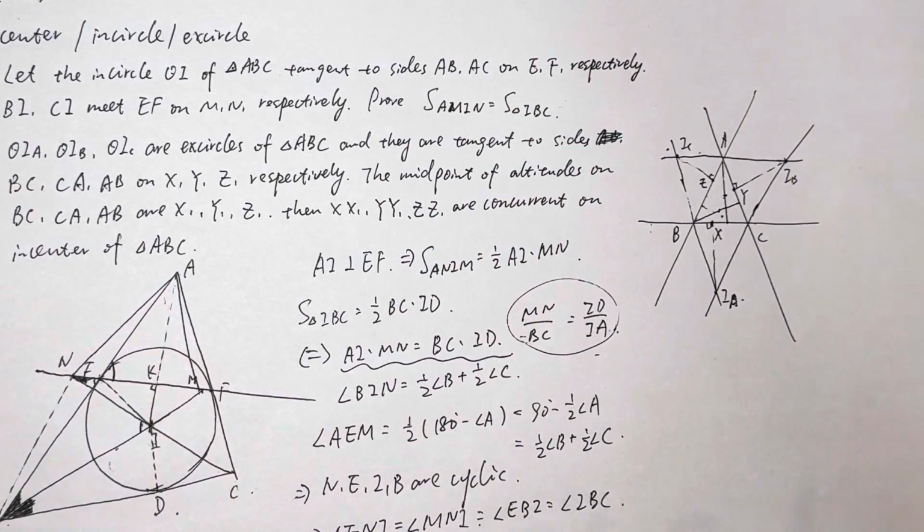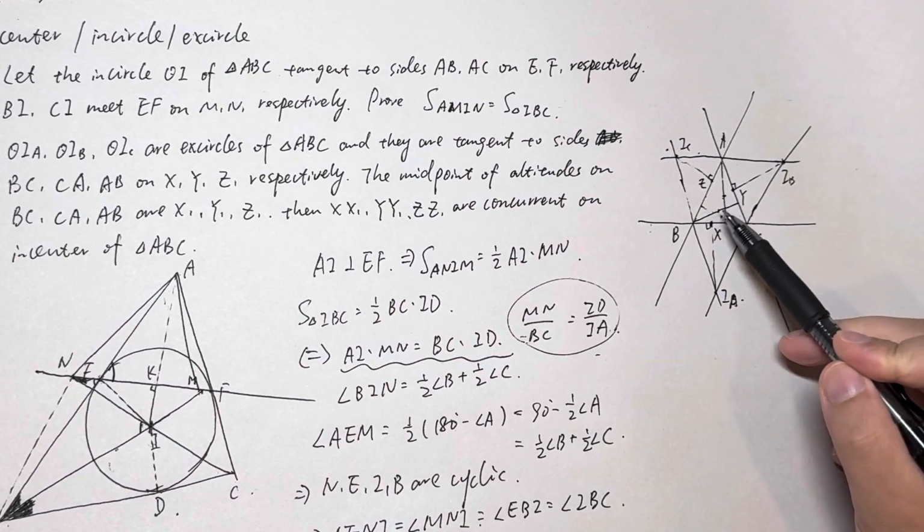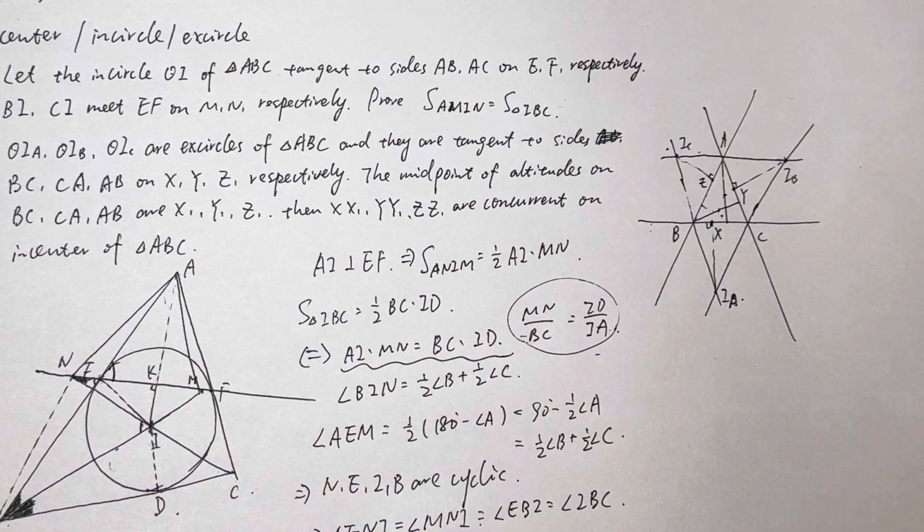So for this problem, what we really need to prove is that X, X1, and I are collinear.